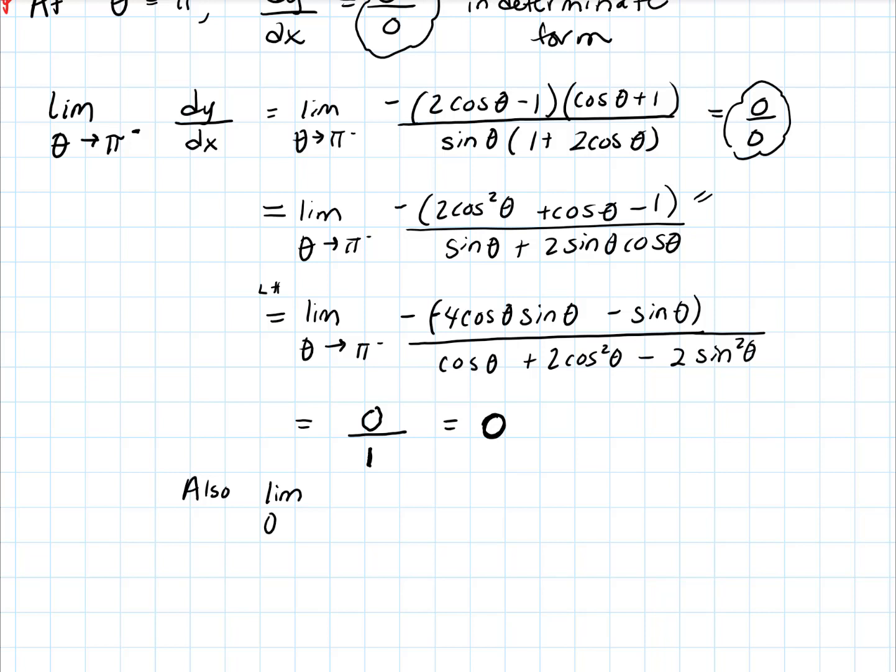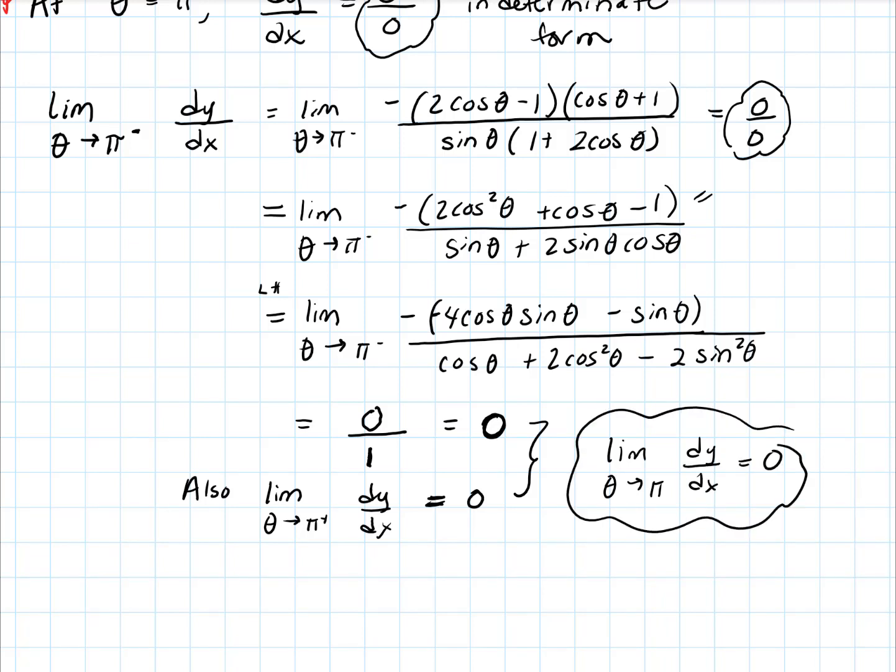I will make a note here also. This is going to be exactly the same if we take the limit as theta approaches pi from the right of dy dx. We would also get 0. The steps would be exactly the same. Nothing's changing here as theta approaches pi from the left or the right. So we would also get 0. Therefore, the limit as theta approaches pi of the derivative is 0, which makes it a horizontal tangent line.